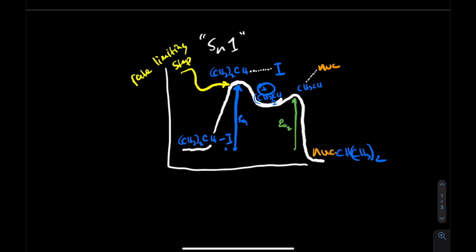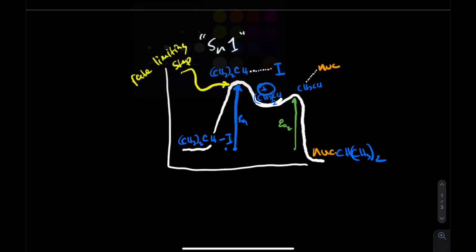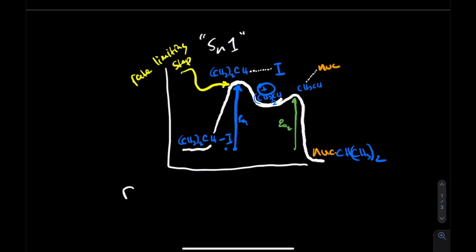So kinetically, what SN1 says is the rate of your reaction, and this is essentially our rate law for SN1, and that's actually what it's called, the rate law. Rate equals lowercase k, whatever that is, times our starting material, the thing that's going to form the carbocation, (CH3)2CHI.